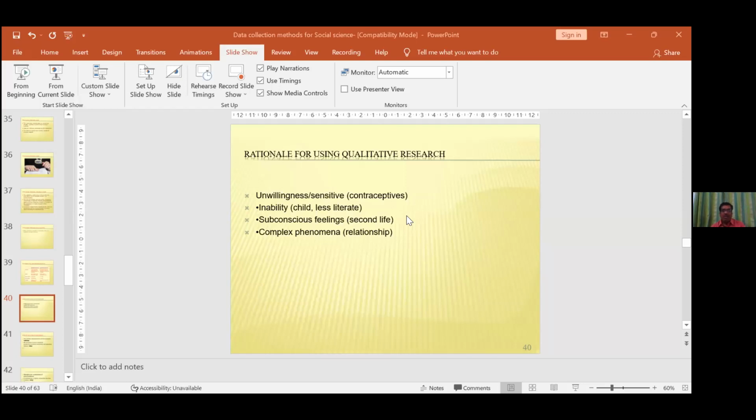It is not at all possible. If you have invented some new toys and wanted to know the child's perception about the toys, how can you collect it? In such circumstances, you can place the toys before the child. You can know the reactions, based on which you can collect some data. That is qualitative data.